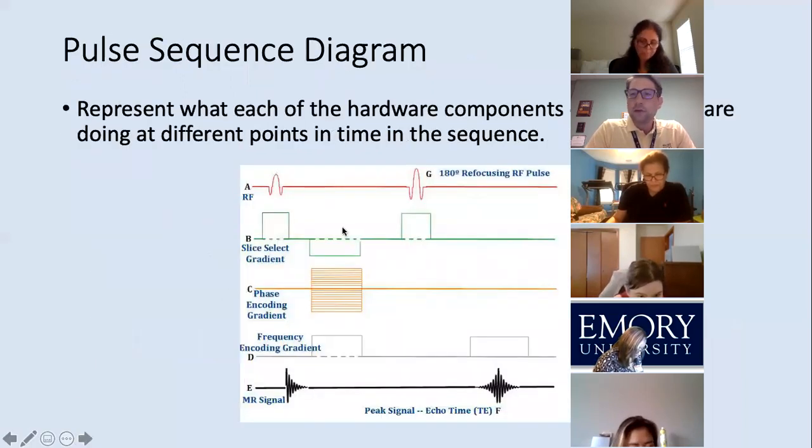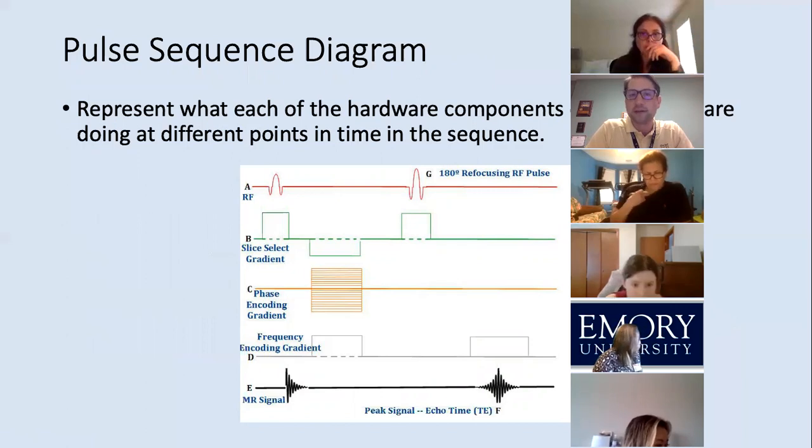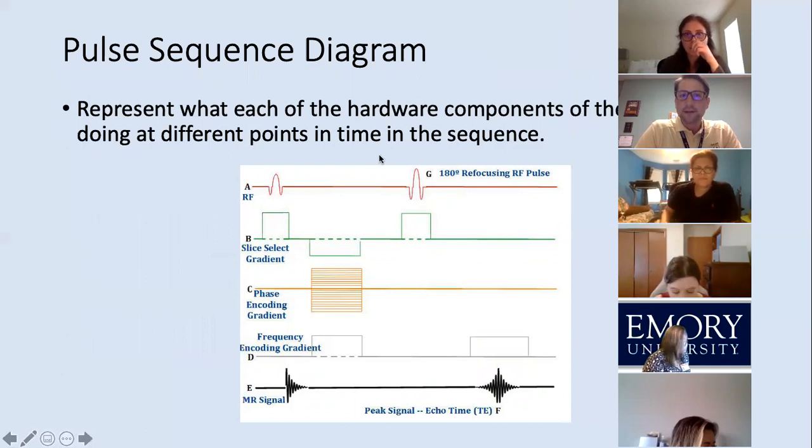So we also have a way of showing these pulse sequences in diagram form. So I just want to review this. A pulse sequence diagram is a representation of each of the hardware components of the system. So we have our RF, our radio frequency transmitting pulse that's going to the patient from our transmit coil on the top line.